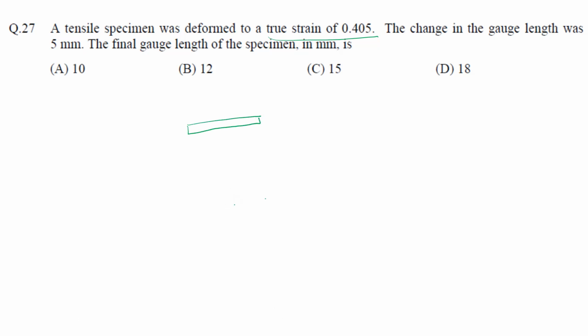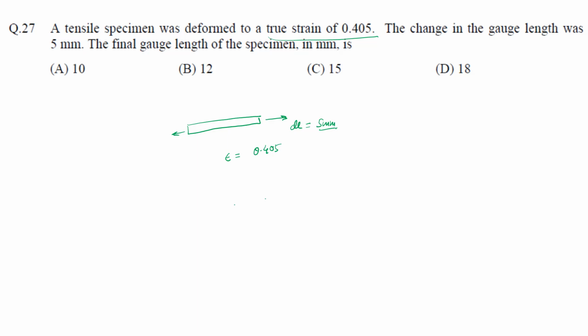Suppose this was the specimen. So after this application, the true strain will represent the epsilon, right? It is 0.405. And what is the change in the gauge length? That is dl equal to 5 mm.